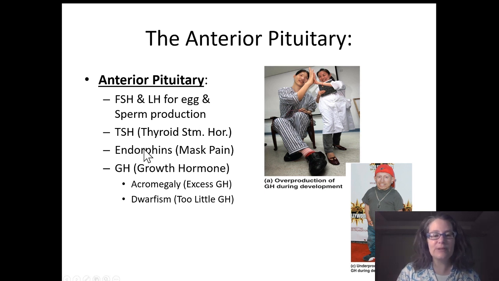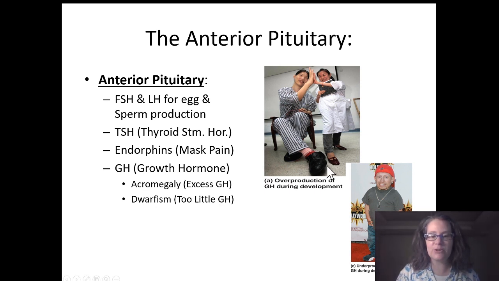The anterior pituitary also produces growth hormone. You might already be done growing, so for adults, growth hormone is more about repairing damage from the day and repairing tissues that have had some sort of damage or problems. But growth hormone also helps control our growth over the period of our entire life cycle, like early childhood and puberty when you're growing a lot and adding cells, mass, and height to your body. You can have excess growth hormone.